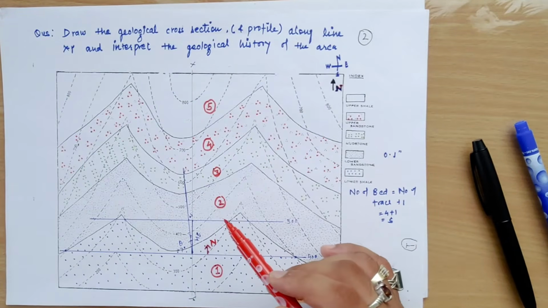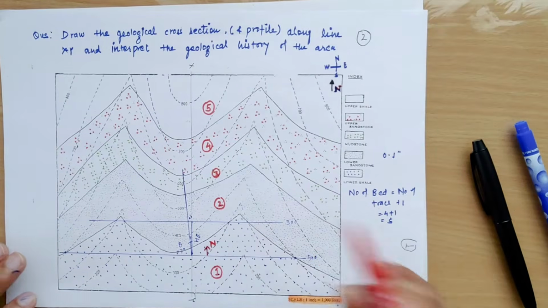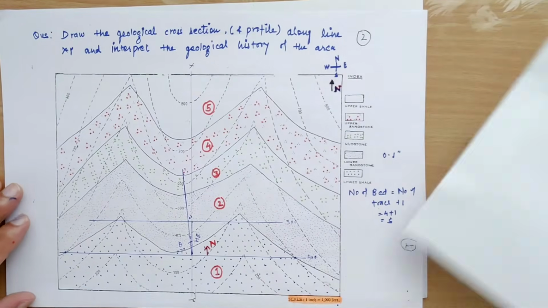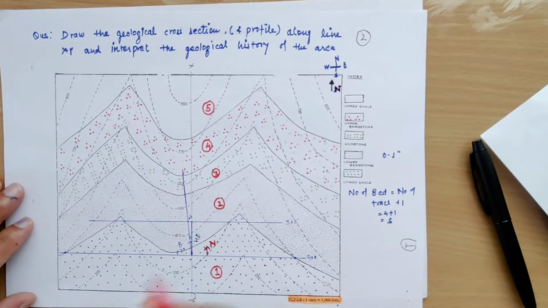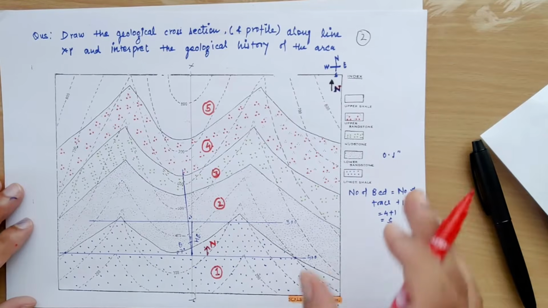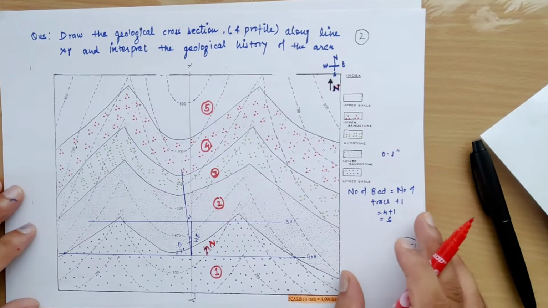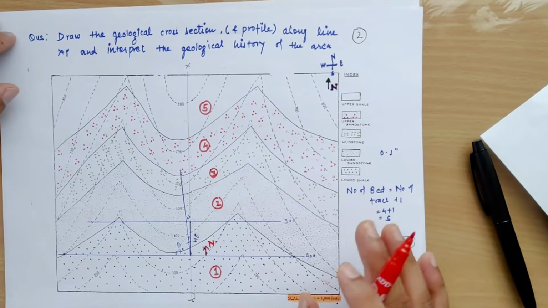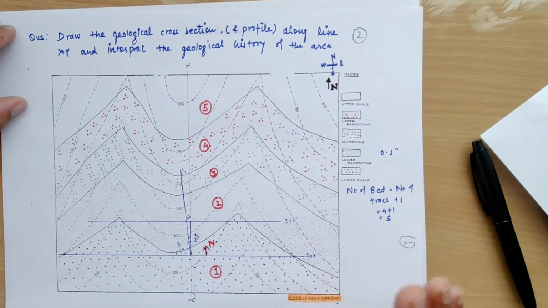So bed number 1 was deposited unconformably over an unknown basement, followed by conformable deposition of beds number 2, 3, 4 and 5. Then because this deposition produced horizontal beds, and we are now saying these beds are inclined, it means the area was uplifted and it must have been tilted or inclined during or after the upliftment. Then the area must have been eroded to produce the present day landform.